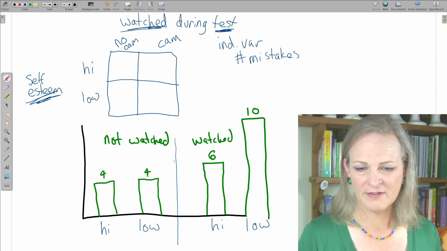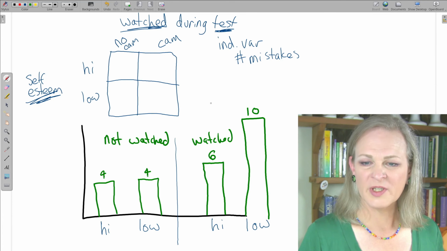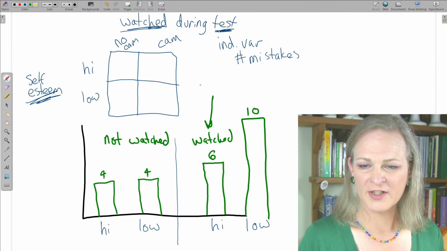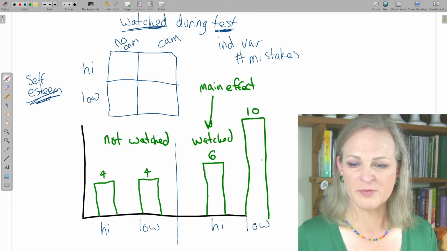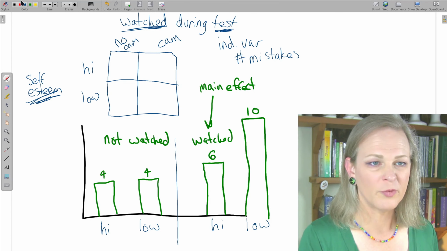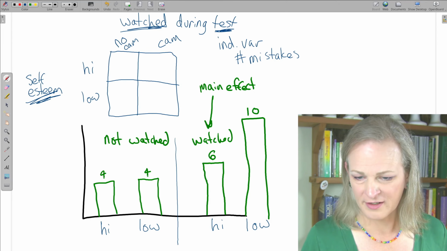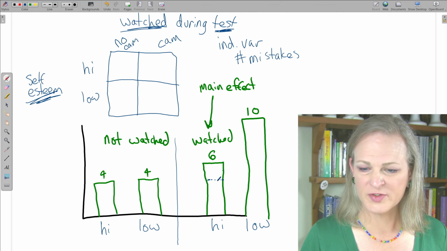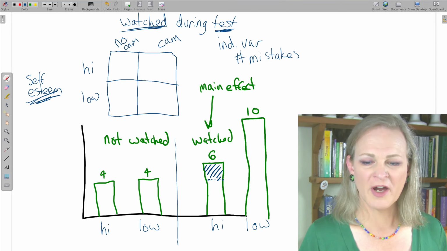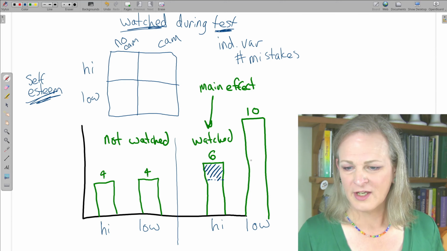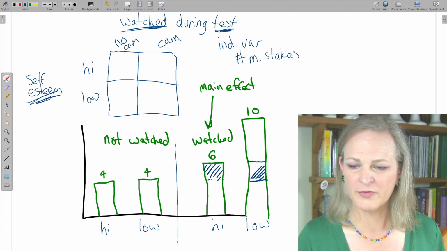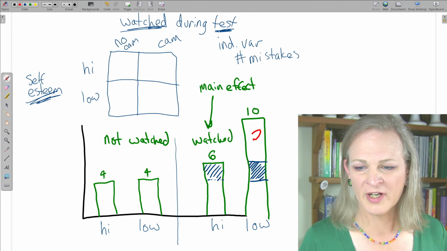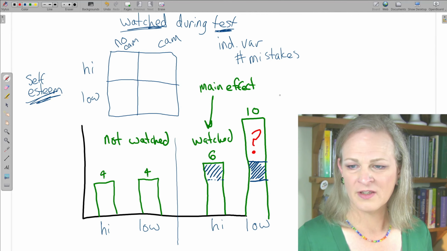So we can see that there is a main effect of being watched, right? When they were watched, both groups of students made more mistakes. Now, we could say that being watched is responsible for some amount of the variation here. But what accounts for this difference? This is the interaction.